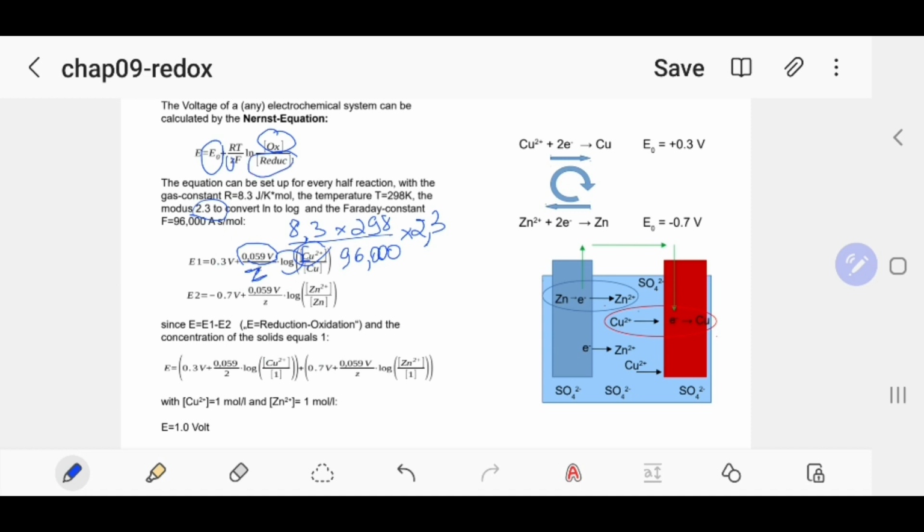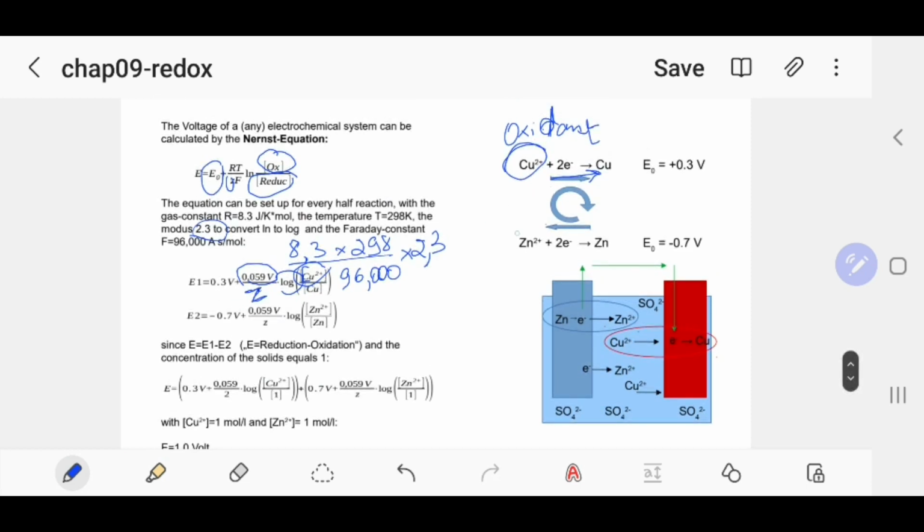The oxidant here in this case is the cation, of course, because this is going through a reduction, so the oxidant is being reduced. So we have this equation at the end.